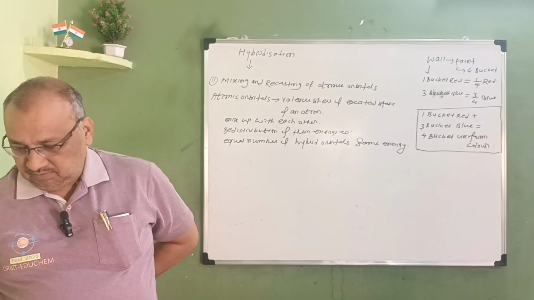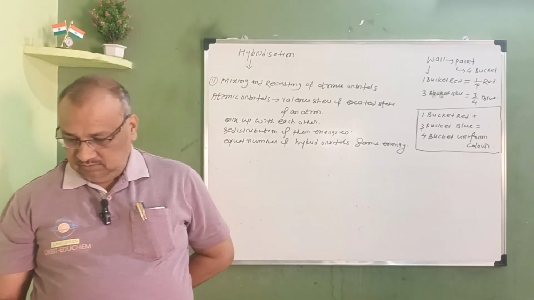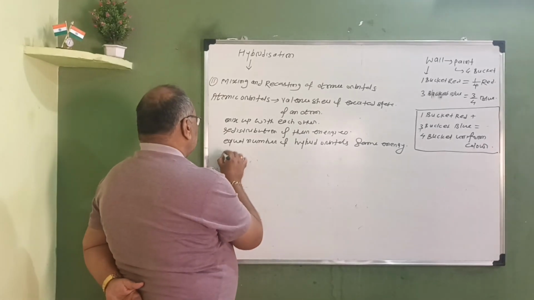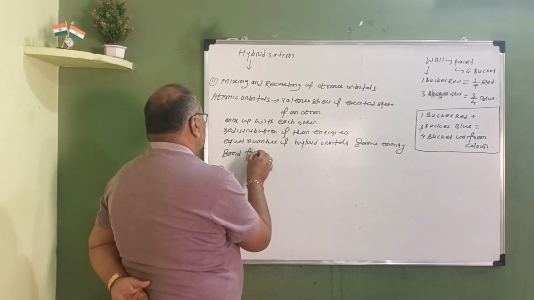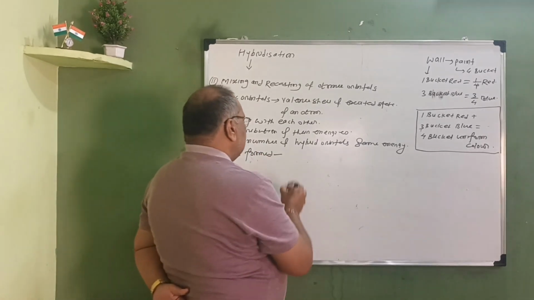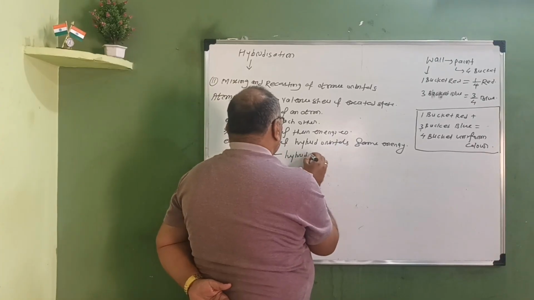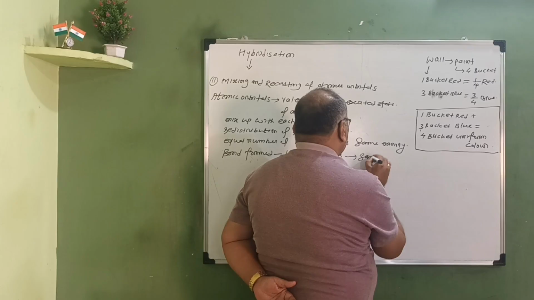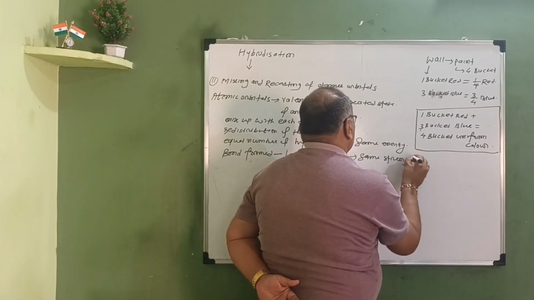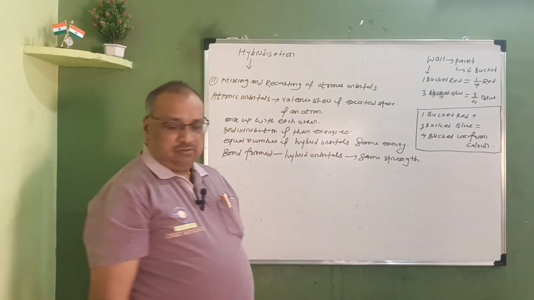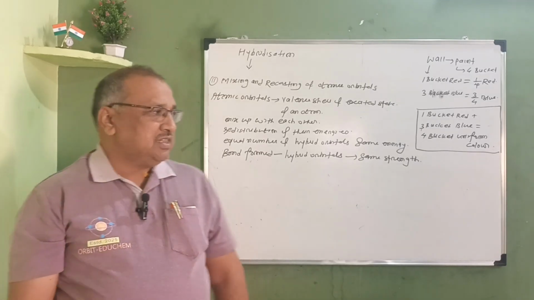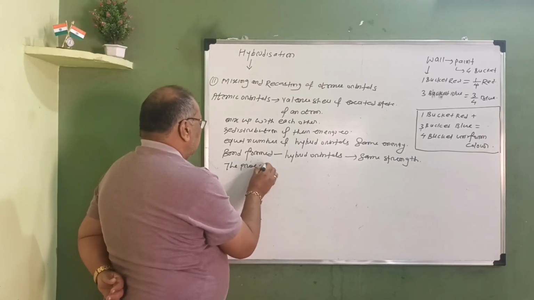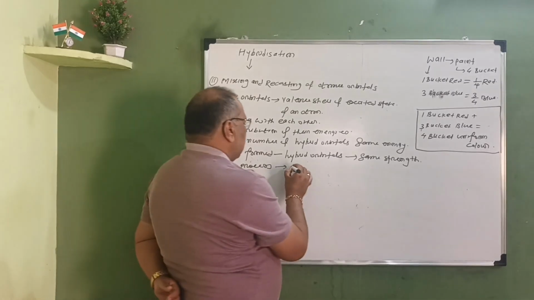Now here the bonds formed using these hybrid orbitals have same strength because they have same energy, and the process is called hybridization.